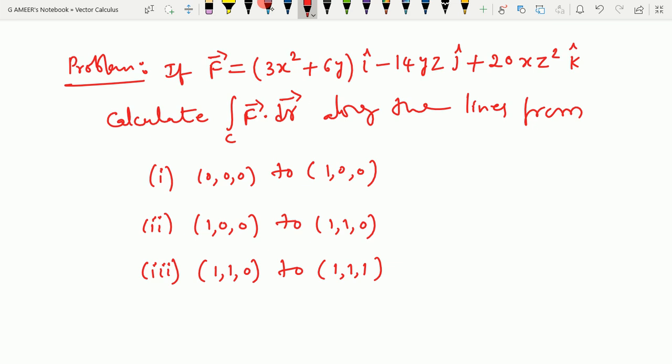So this is the problem. We need to calculate the integration. Okay, fine.